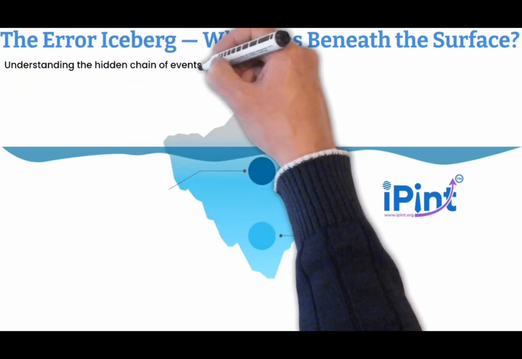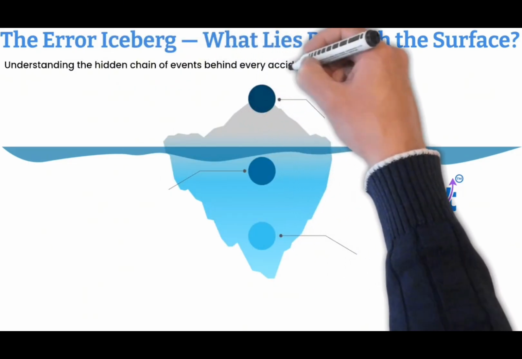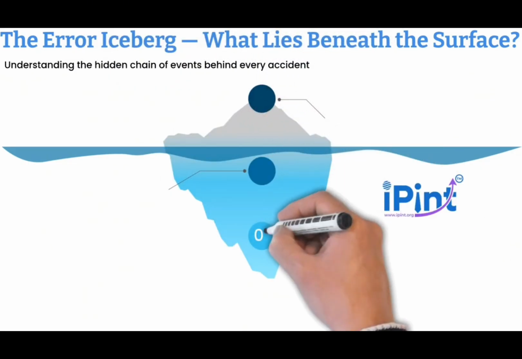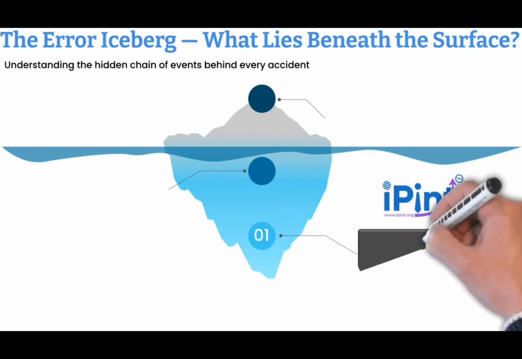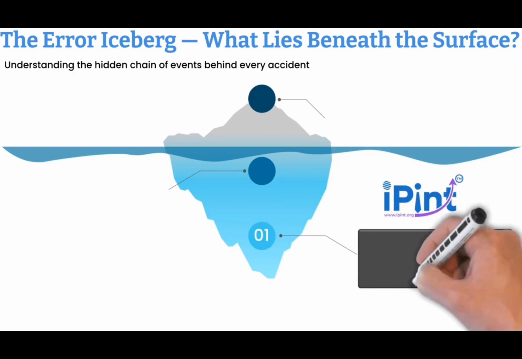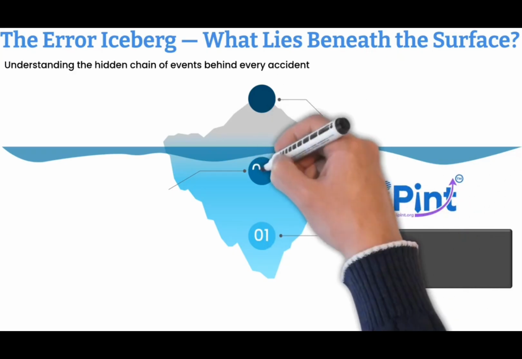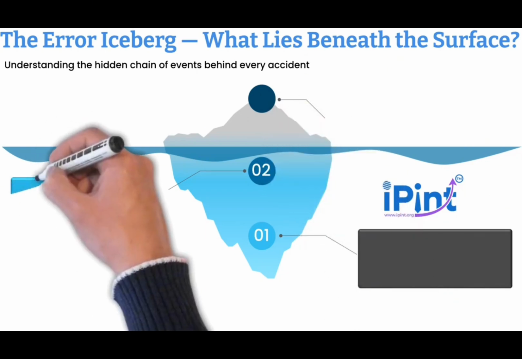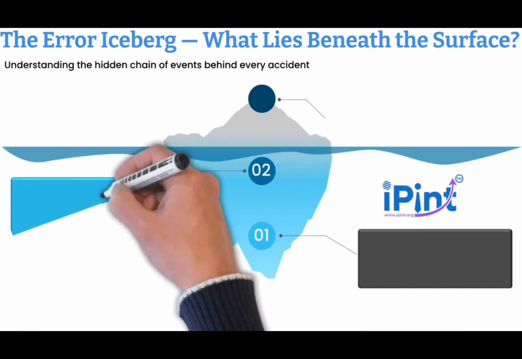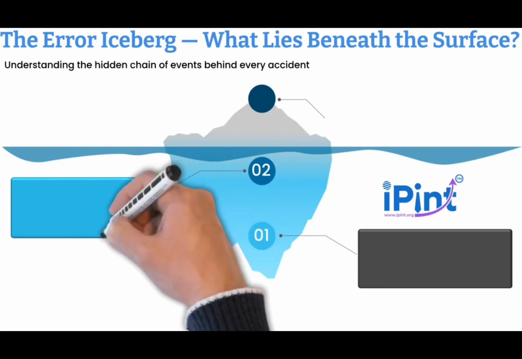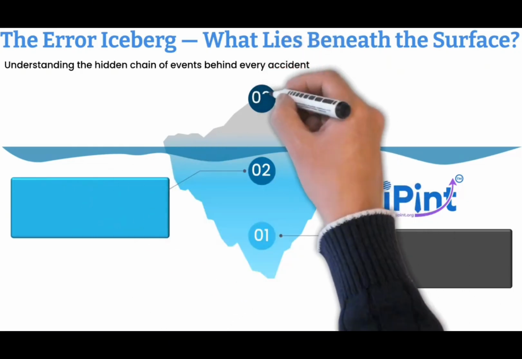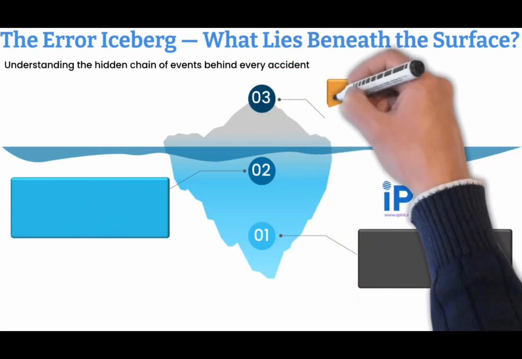When a major incident occurs, it rarely comes out of nowhere. What we see, the accident itself, is just the tip. Beneath it lies a long chain of smaller events, missed signals, and low-level mistakes that nobody noticed or nobody reported. This is what we call the error iceberg.